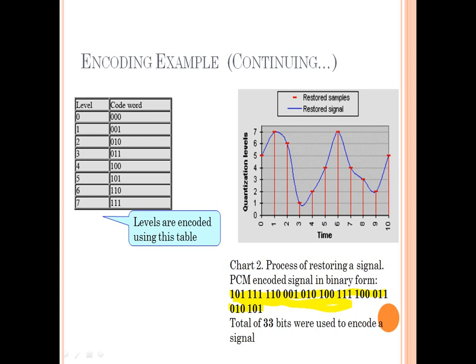So 11 samples are transmitted, so 33 bits are used to encode this signal. This is one of the disadvantages of PCM. The bandwidth requirement is high.